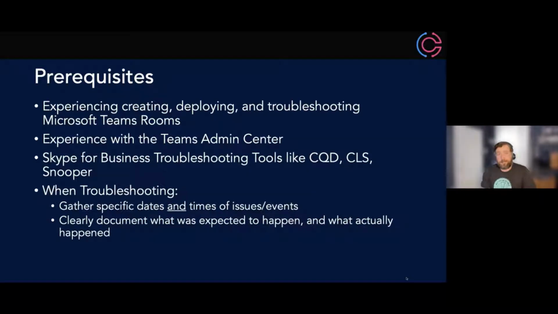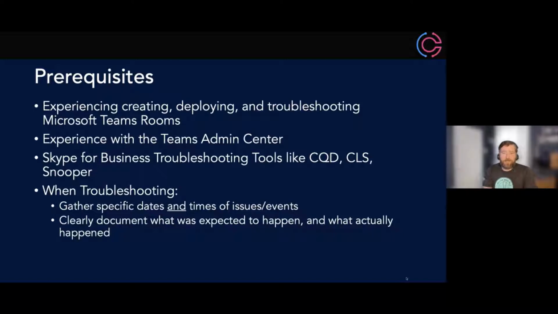And lastly, this is really a process thing, but it's imperative because there's so much information that's gathered in these Microsoft Teams rooms. Getting specific dates and times and gathering as much information as possible when problems do occur is really critical when you're trying to figure out, in 10,000 lines of code, what went wrong, so you can pinpoint and narrow that down to quickly and effectively troubleshoot.